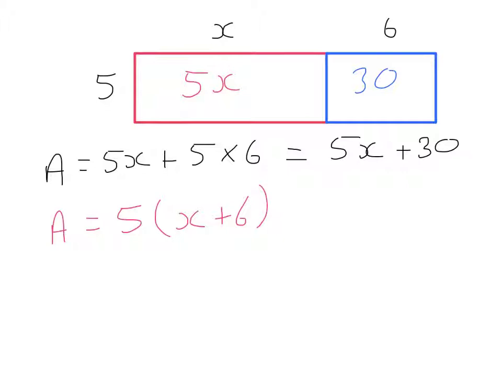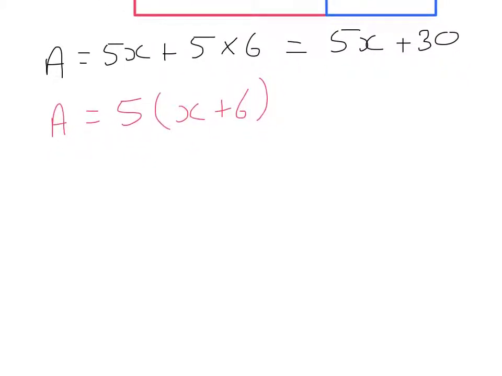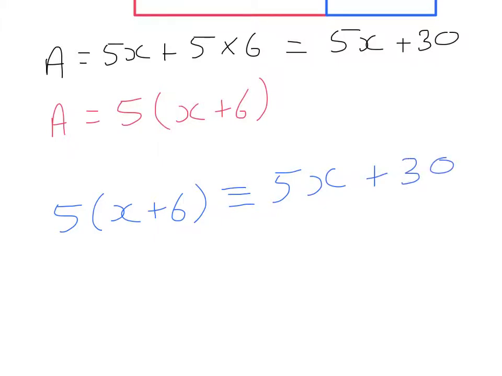Now that's as far as we can go with this. We can't work out the area of the room. It's either 5x plus 30 or it's 5 times by x plus 6. That's the best we can do. But there is one thing we can do. We can also say that 5 times (x plus 6) must be the same thing as 5x plus 30.